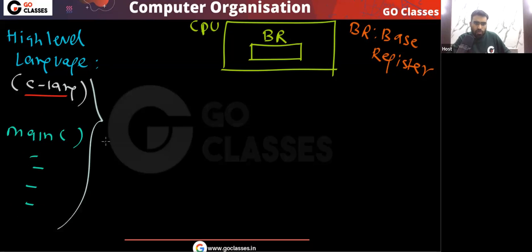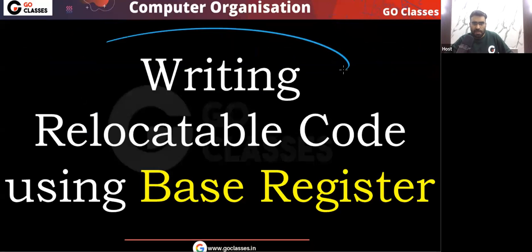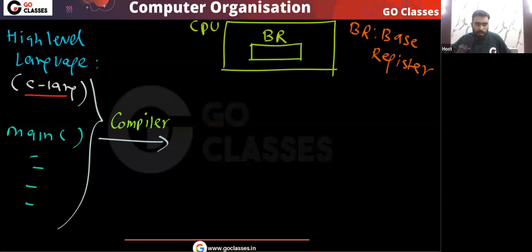Now, who will convert this? You will compile it. So what will the compiler do? Now this is interesting. Remember, our target is to write relocatable code with the help of a base register. Notice what the compiler will do.